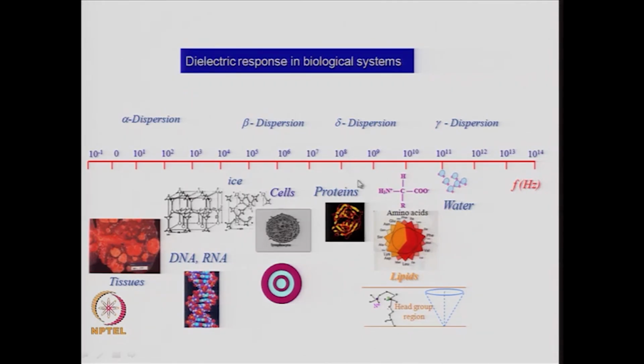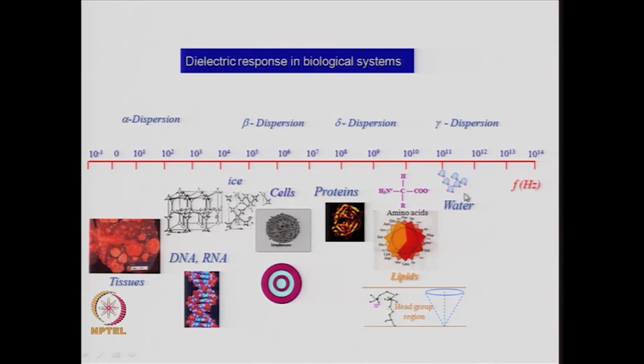So, there is a dispersion which we call alpha dispersion, beta dispersion, delta dispersion, gamma dispersion, depending on the region at which the material can follow the variation in the frequency of the electric field which is applied. So, the polarization follows the electric field. The polarization can follow the electric field only if it is fast enough.